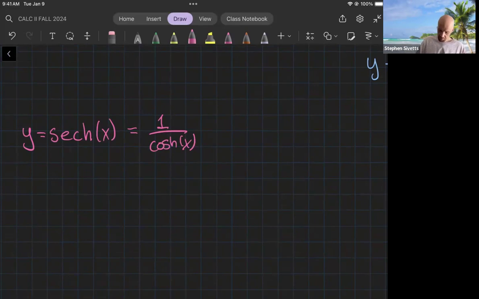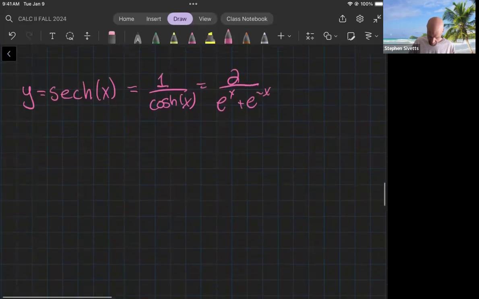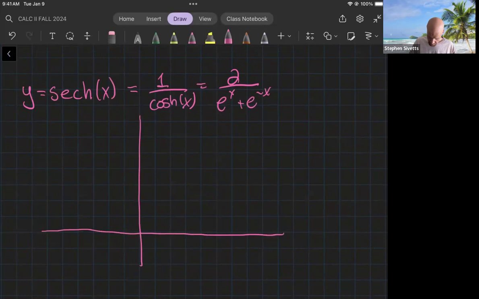And so the exponential definition is 2 over e to the x plus e to the negative x. Now its graph, I'll just draw a little bit of a graph here, just to look at the behavior of this function.